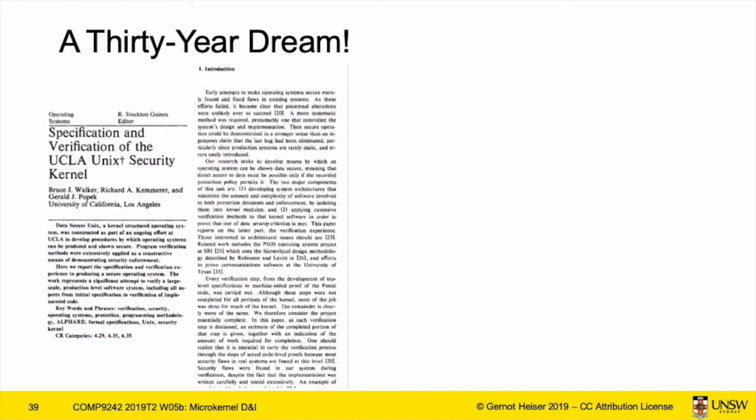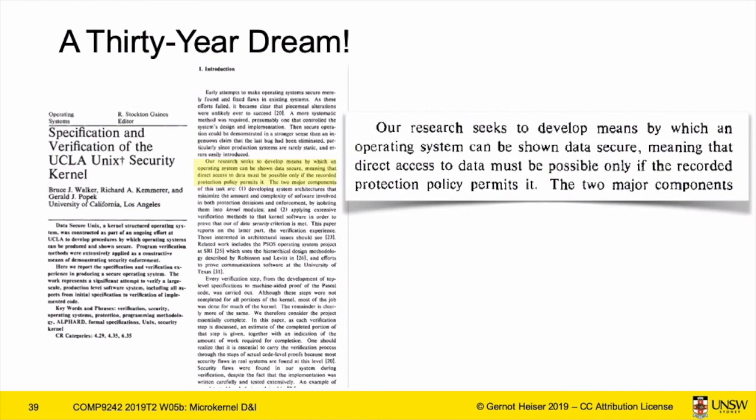So this is the first paper that talks about verifying an operating system. And the paragraph here says, our research seeks to develop means by which an operating system can be shown data secure, meaning that direct access to data must be possible only if recorded protection policy permits it. So basically, they wanted to prove that the system enforces security.